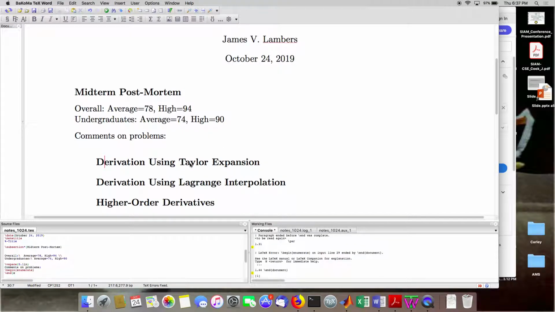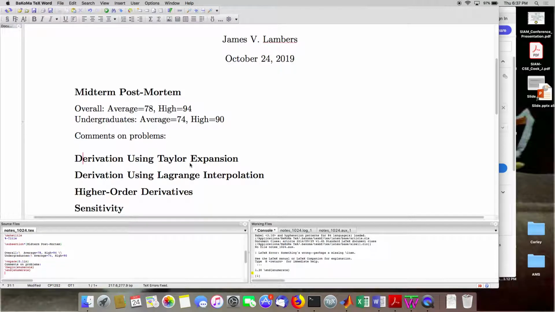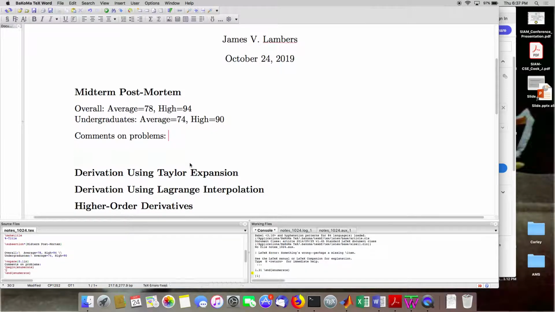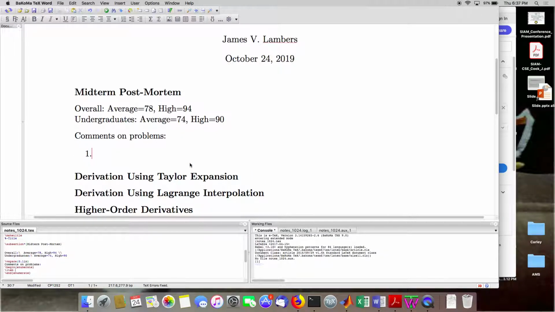All right, so a few things come to mind with regard to some of the most common issues with the problems. Of course, three of the five problems dealt with the error formula for polynomial interpolation in some way.